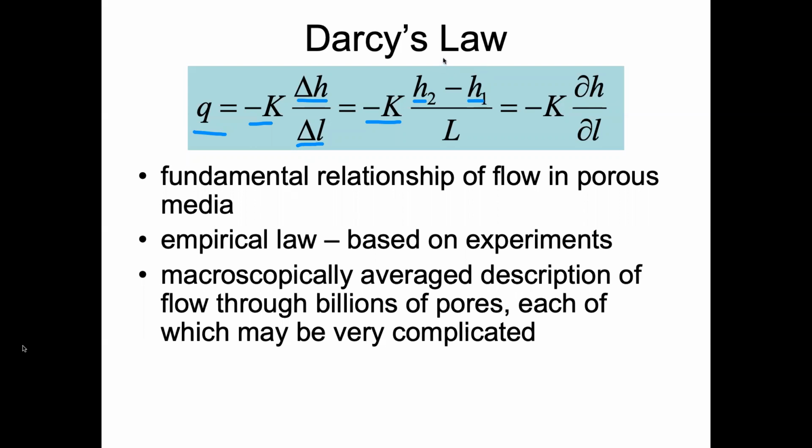Say you have 2 wells in the ground; you always read your system from left to right, so this would be H1 and this would be H2. This is divided by the length between those 2 wells. Or another way to write this is the derivative of H over the derivative of length.